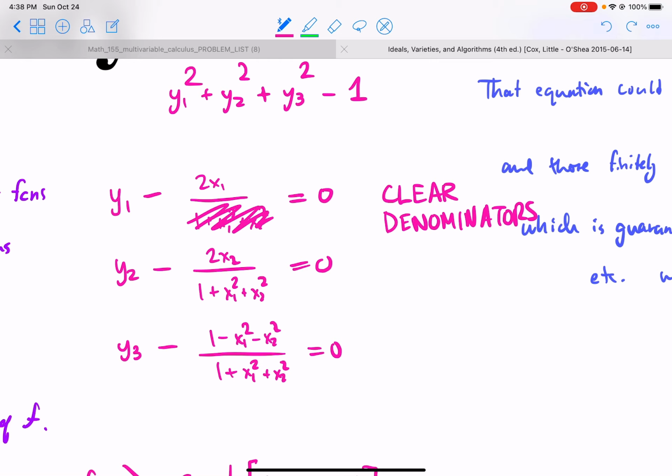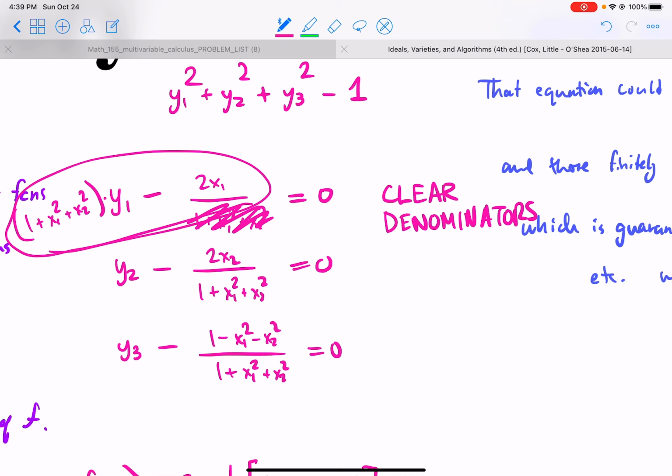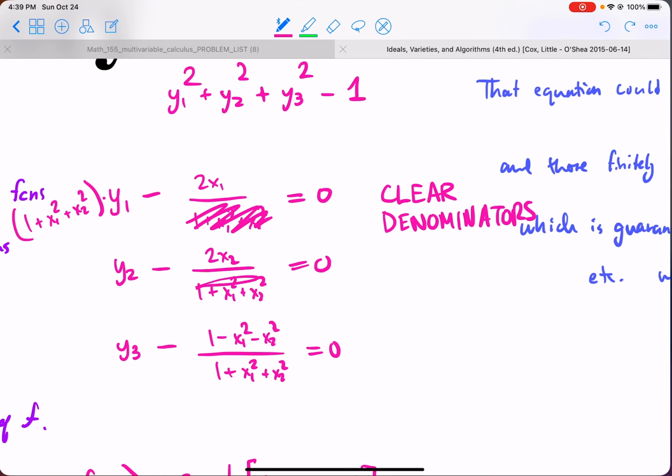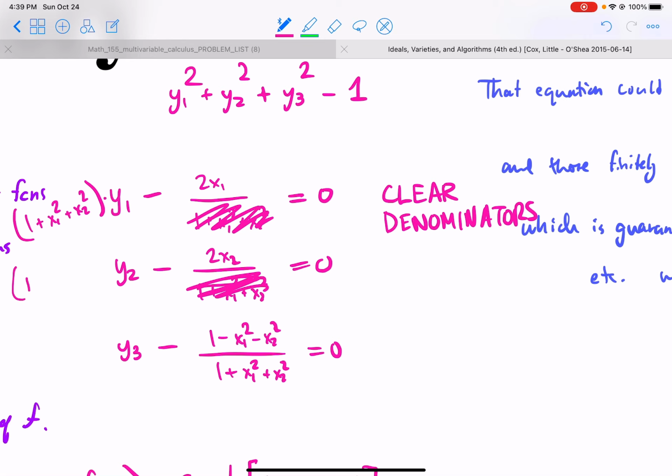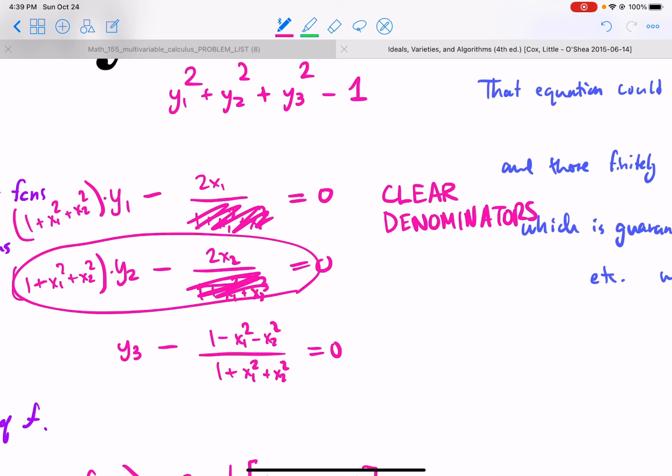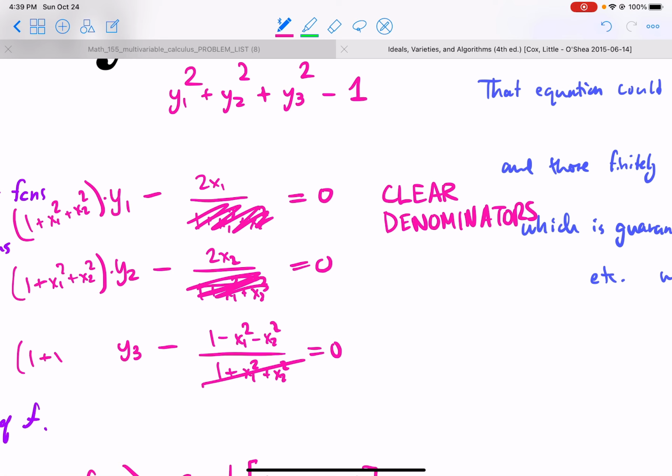Well, 0 times whatever is still 0, and then I have 1 plus x1 squared plus x2 squared times y1. And now look, this is a polynomial equation. Same thing here. I clear denominators, and I get a polynomial equation.